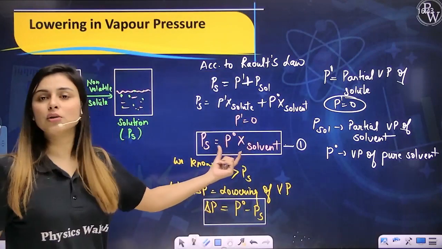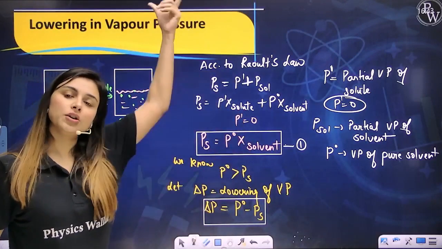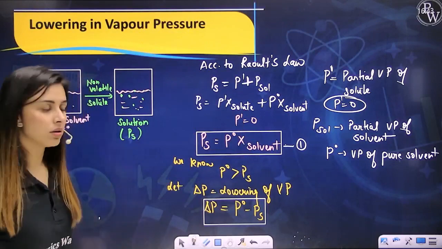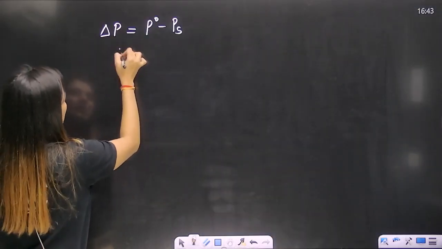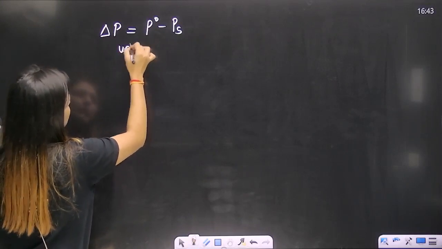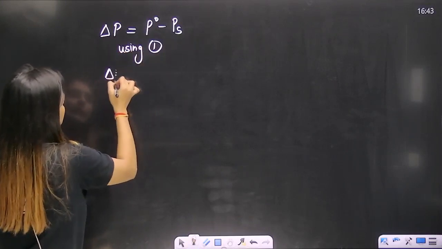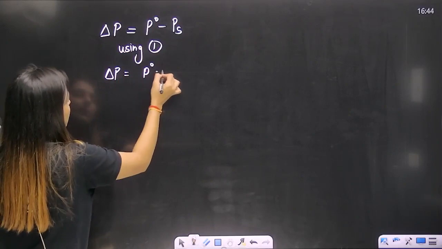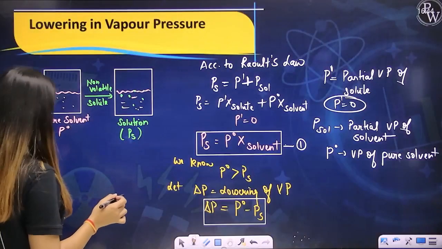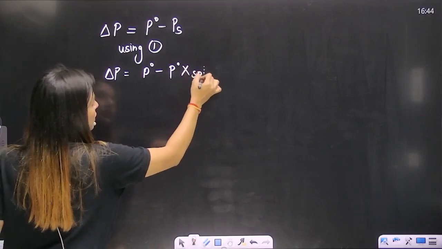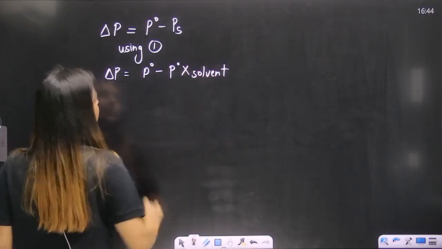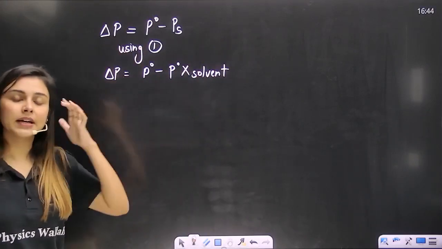So just put it into that equation. Using 1, we can say that delta P is equal to P naught minus P naught into mole fraction of solvent. I used the first equation in this.